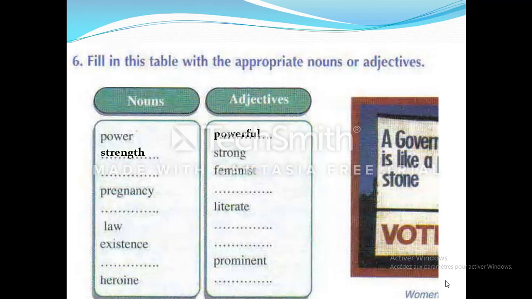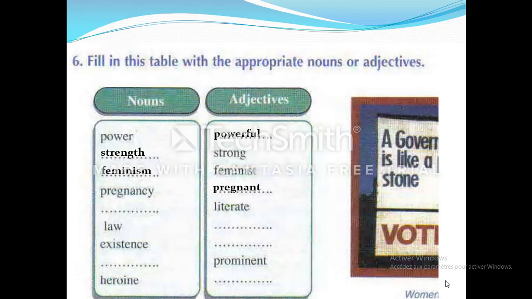I think this one is very easy because you saw it in the previous activity, so you can say it's feminism. Very good. And the next noun is pregnancy. So here you can say pregnant.